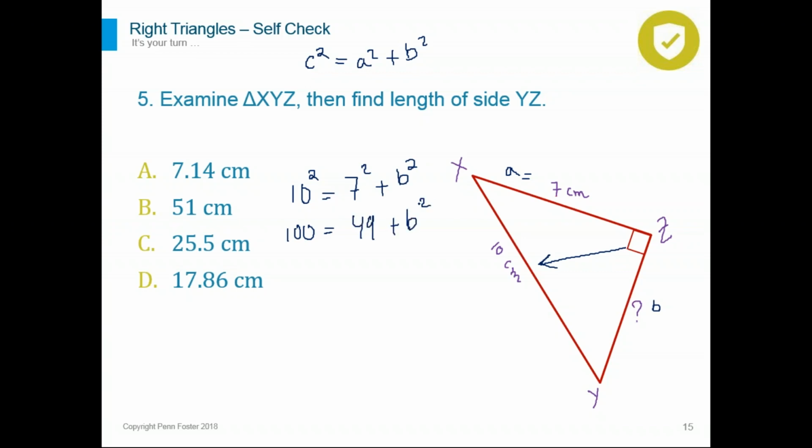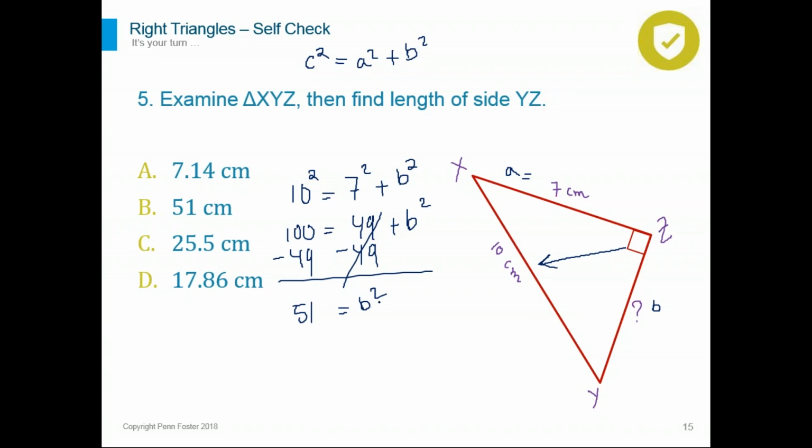We have one unknown. Do the opposite to isolate the variable: minus 49 and minus 49 on the other side as well. That's gone. 100 minus 49 is 51, equals b squared.